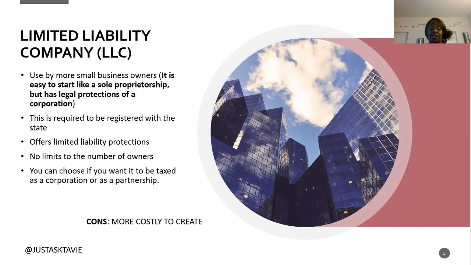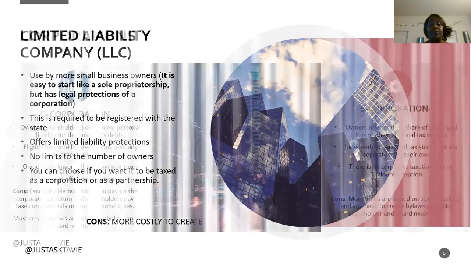You can choose to decide if you want to be taxed as a corporation or a partnership. The only con that I can see with this one is it's costly, and it depends on your state how much it costs. But I know that I end up paying about, I'd say, $100 or $120 to open my business.